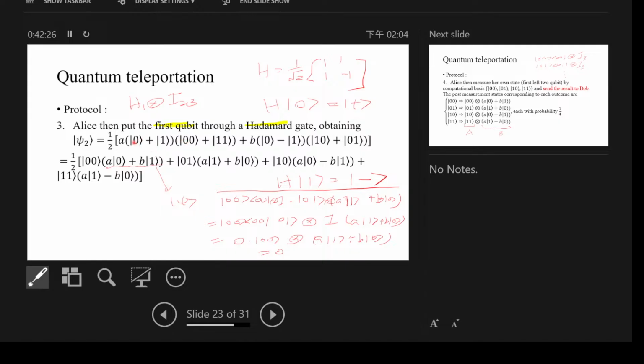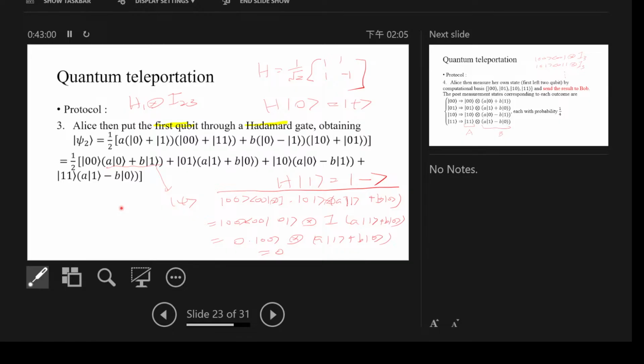So from here, say with this term we have a 0, 0 here, and from here we have a 0, 0 here. And so for this 0, 0 term, the third qubit will have this A and a 0 here, and also this is 0, 0 here, we have a B and 1 here. So this is A0 plus B1. And on other terms you have other things. So we have A1 plus B0, and A0 minus B1, and A1 minus B0 here.